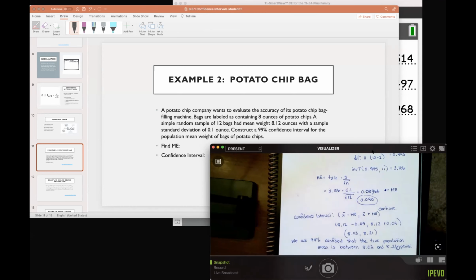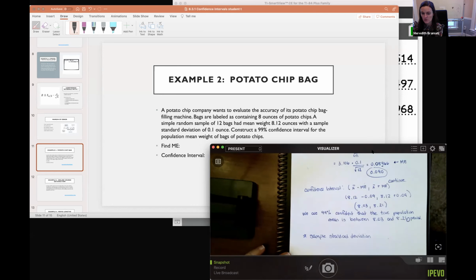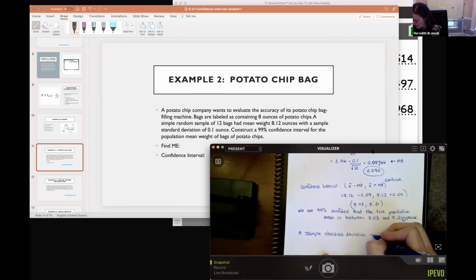Okay, and what are the key words to know the difference? Is it the confidence interval for the population mean? Sample standard deviation, T alpha 2 times S over square root of n.